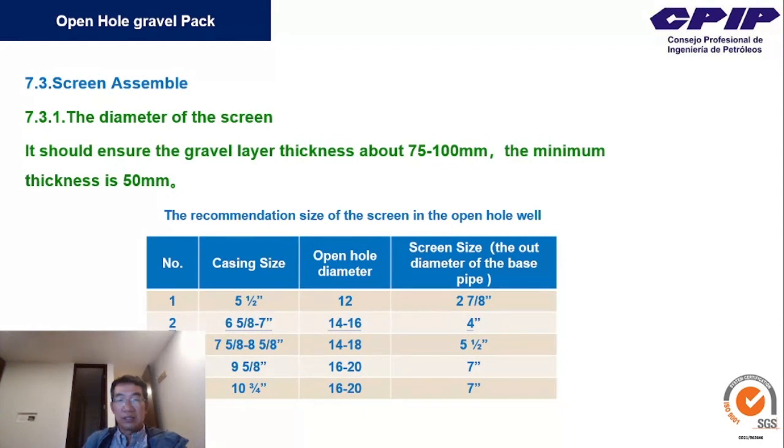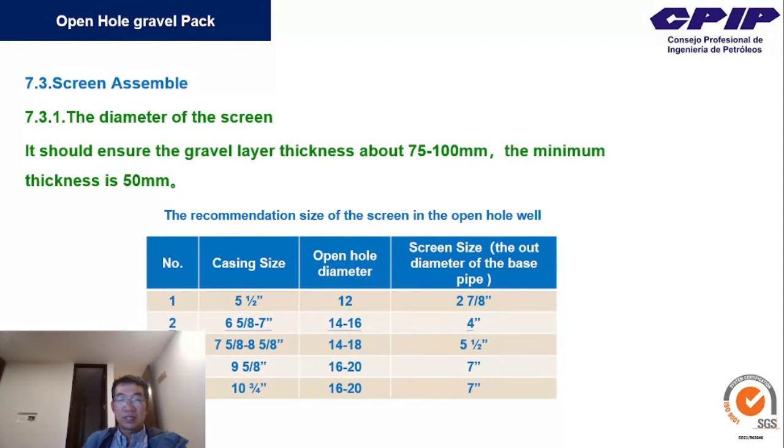We can see the casing size is 5.5 inch, open hole diameter is 12, and the screen size is 2.78 inch. The casing size is 7 inch, the open hole diameter is 14 to 16 inch, and the screen size is 4 inch.